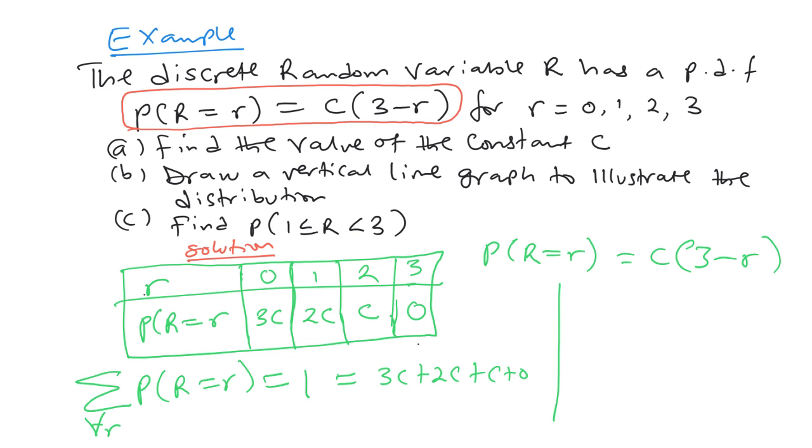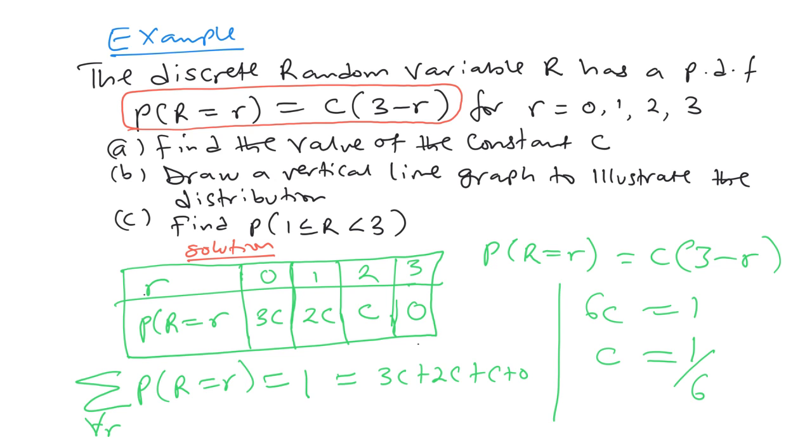You end up with 6C equal to 1, and C is 1 out of 6. So you have C as 1 out of 6. From there, I want you to draw a vertical line graph to illustrate the distribution.